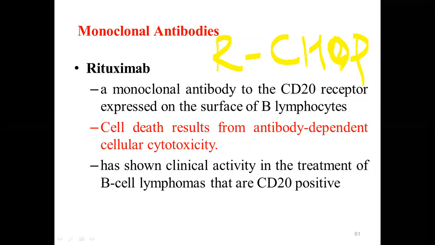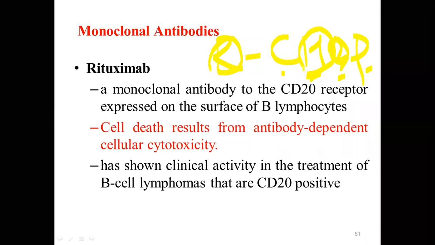R stands for rituximab, C stands for cyclophosphamide, H is doxorubicin hydrochloride, so that is why they brought H. O is oncovin, which is vincristine, P is prednisolone.